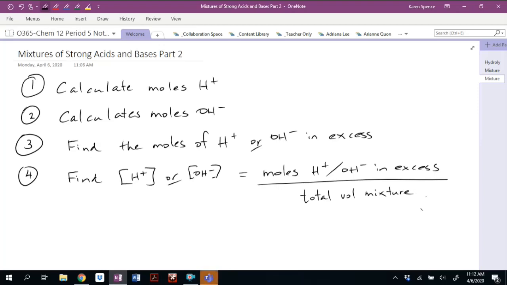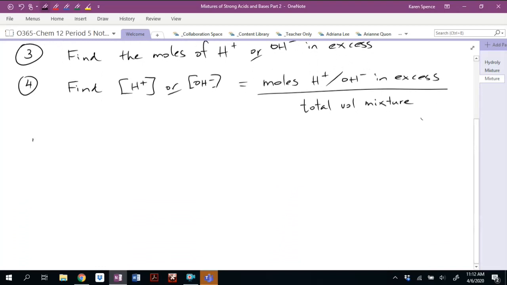Okay, so 4 steps. Number 1, moles of H+. Second, moles of OH-. Third, find whichever one is in excess. This is going to be easy because it's going to be a 1-to-1 ratio. And then finally, you're going to find the concentration of H+ or the concentration of OH-.